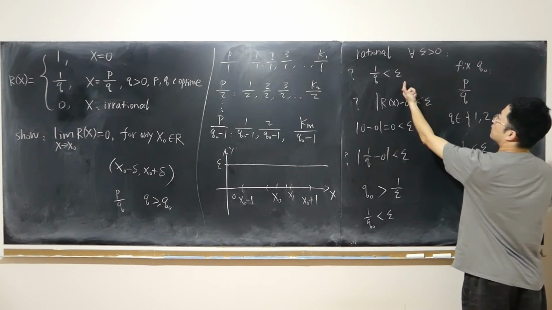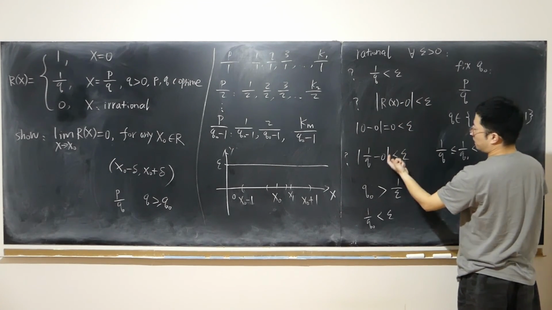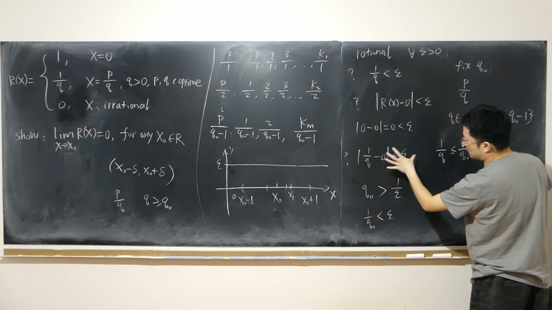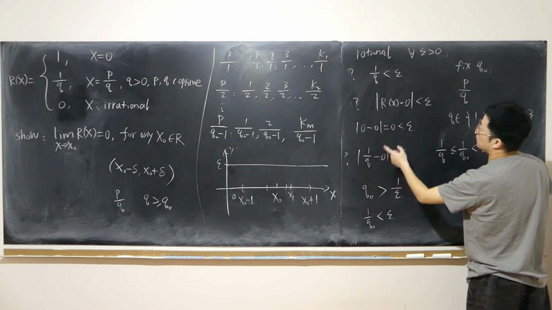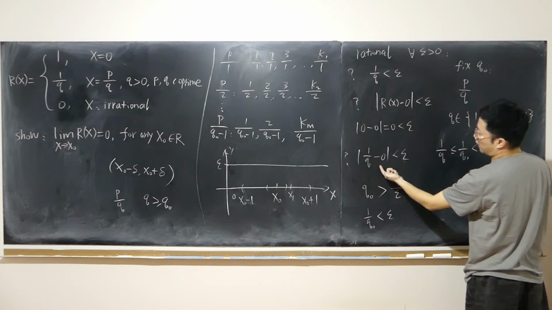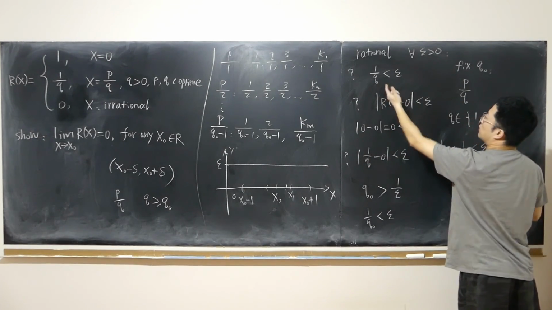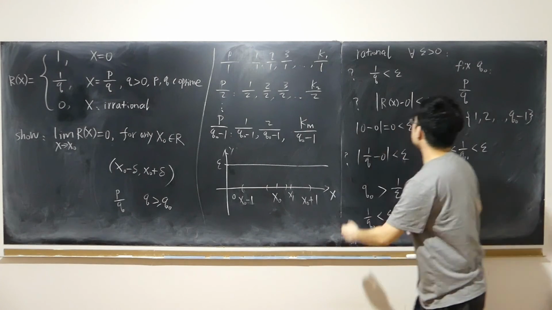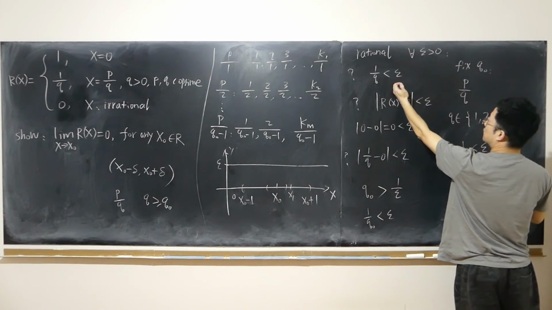Which means this is exactly what I wanted. Like I said, I wanted to show that the absolute value of the functional value minus 0 is less than epsilon, which means, simplifying everything, I just need to show this: get rid of 0, get rid of absolute value, 1 over q, since q is positive. So this is really done. This is really true.